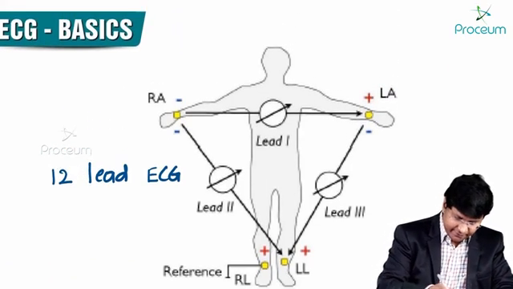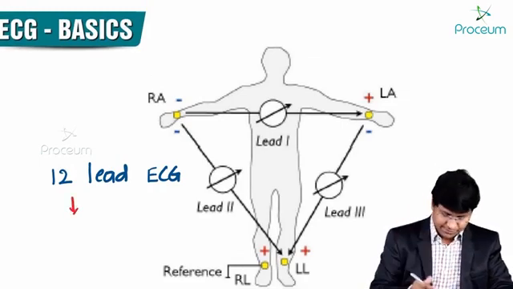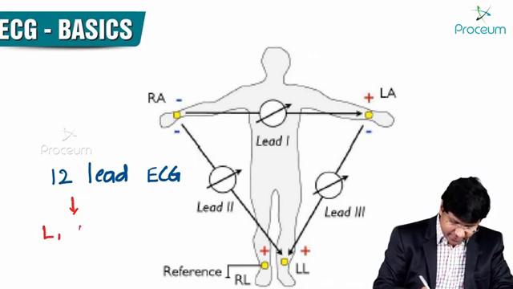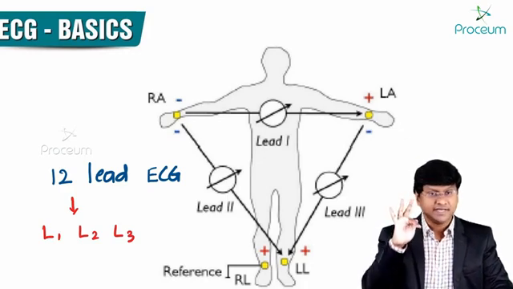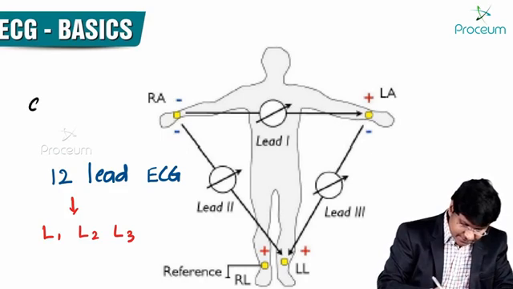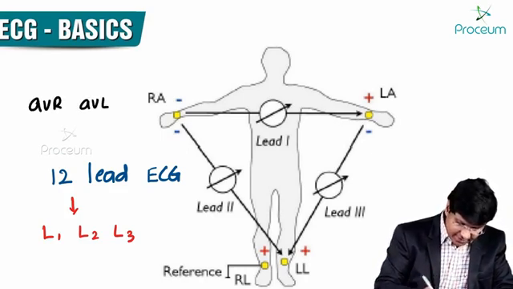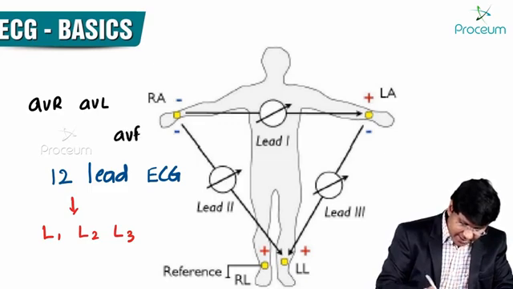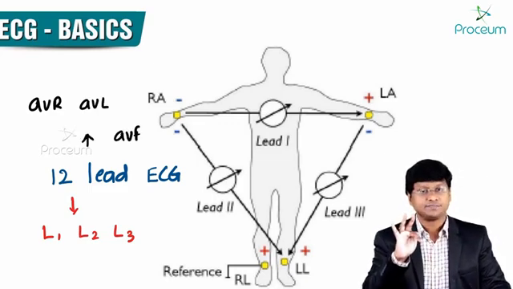We have 3 limb leads, that is lead 1, lead 2, lead 3. Then we have 3 augmented leads, that is AVR, AVL and AVF.